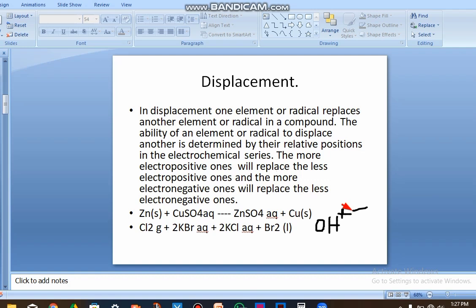Before a particular element can replace another element in a chemical reaction, it is from the electrochemical series, because we have electropositive elements and less electropositive elements, meaning there are some elements that are more positive while some are less positive. Also, some elements are more electronegative, meaning they are negatively charged, while some are less electronegative.